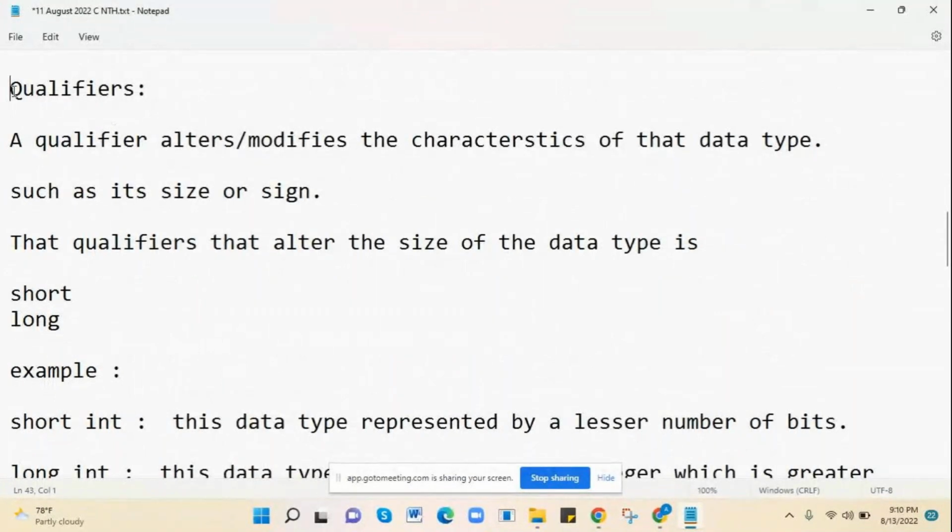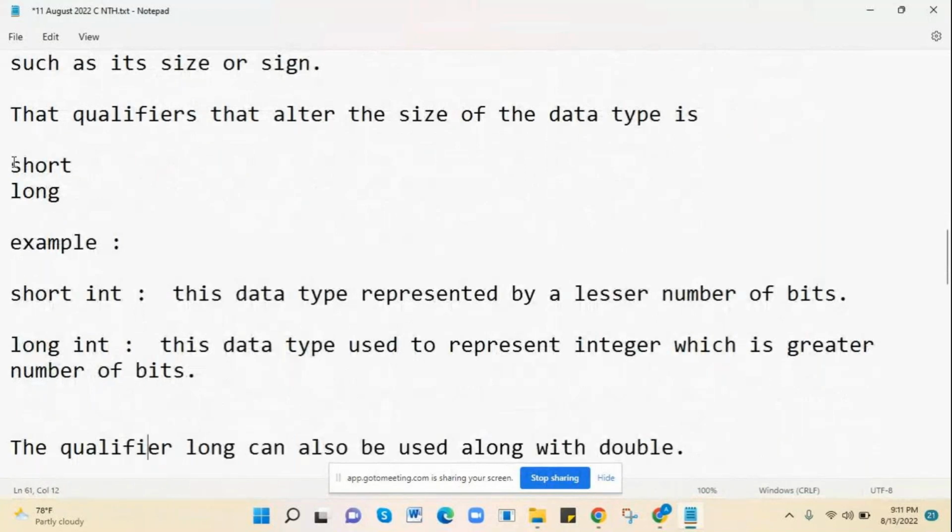Next, we have qualifiers. A qualifier changes the size. For example, we have short and long. Both are qualifiers. If you add these two qualifiers in front of any basic data type like int, char, float, double, it changes its size.